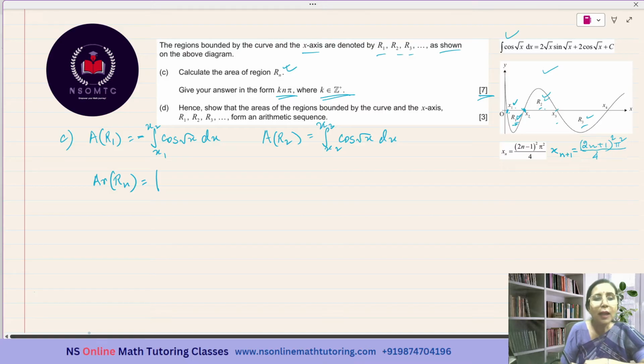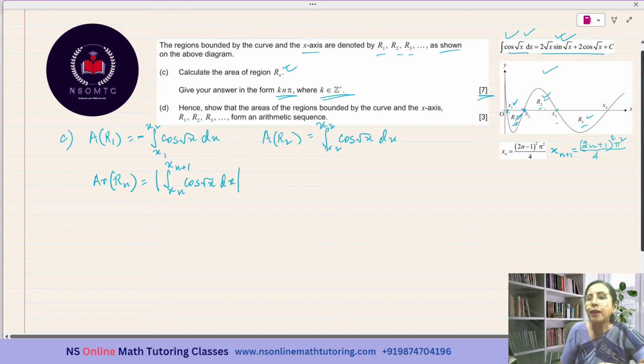Okay, so we can use this absolute value notation and we can write this as the integration of x_n to x_(n+1) of cos root x dx. Okay. And we know what the integration of this is. We have in fact shown that the integral of this is equal to this part, the right-hand side.